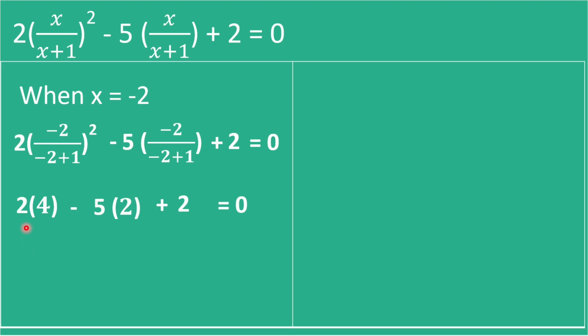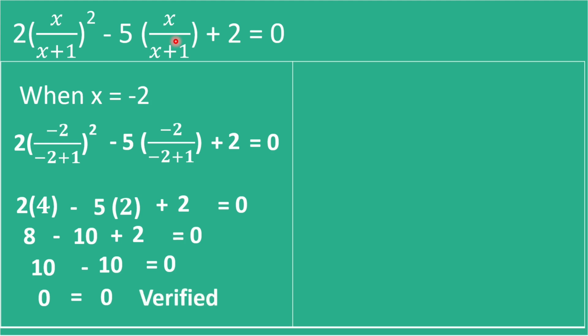This 2 times 4 is equal to 8, minus this 5 times 2 equal to 10, and then plus 2. So now 8 plus 2 equals 10, and minus 10 is equal to 0. So 10 minus 10 equals 0, and 0 equals 0. So it means that it is verified. So x equal to minus 2 is the real root of this question.